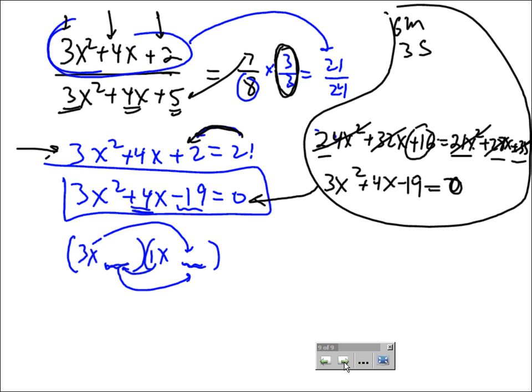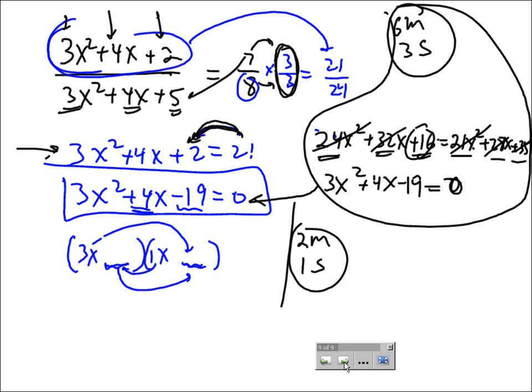And I got bigger numbers, 24, 32, 16, etc. Do it my way. You did 2 multiplications and 1 subtraction. It's a lot easier to do 2 multiplications and 1 subtraction than 6 multiplications and 3 subtractions.